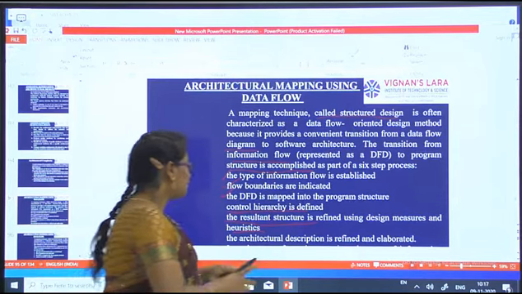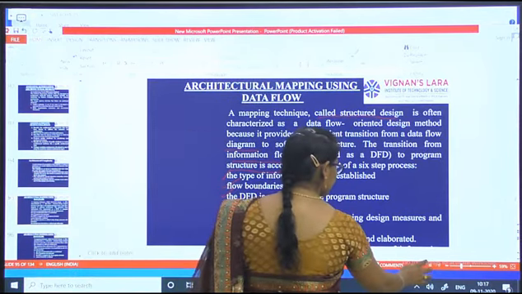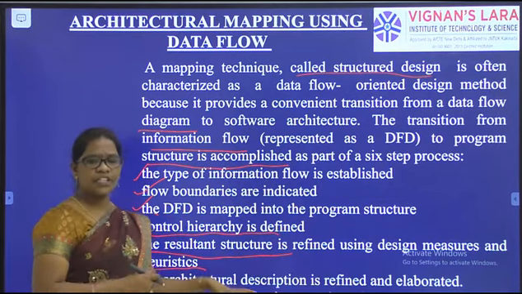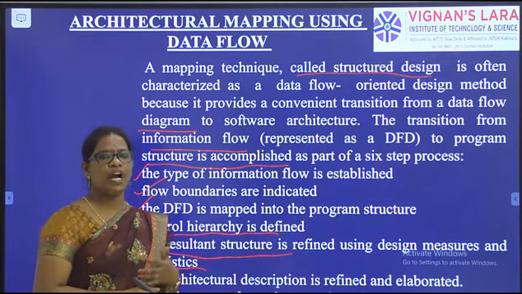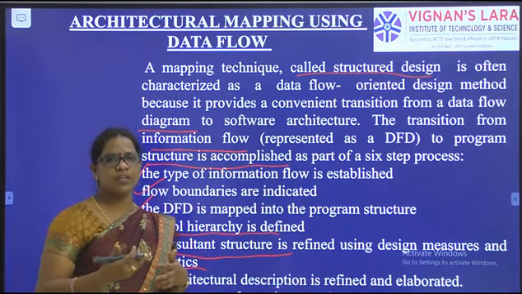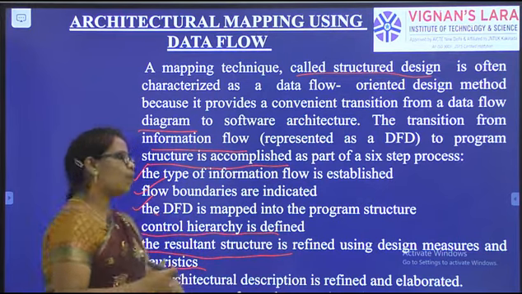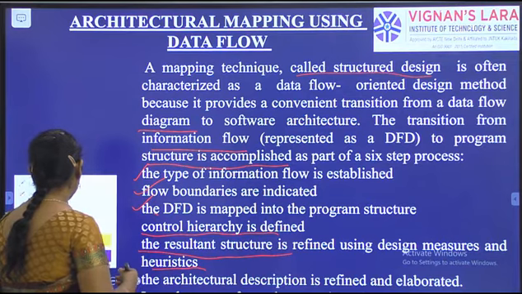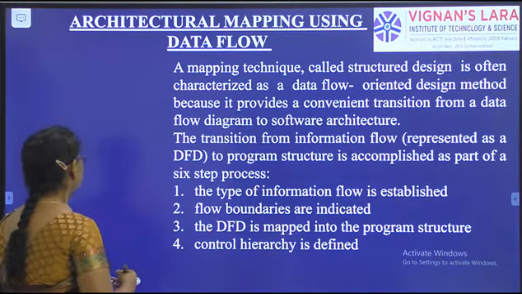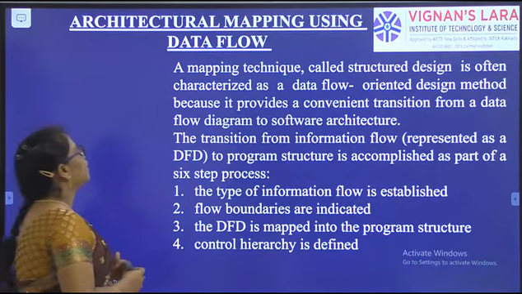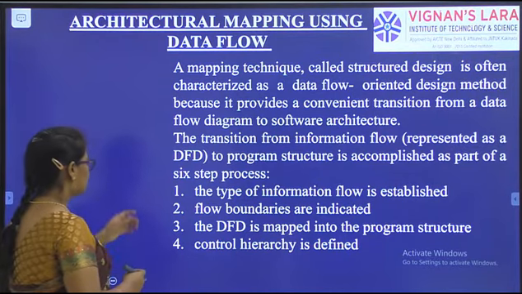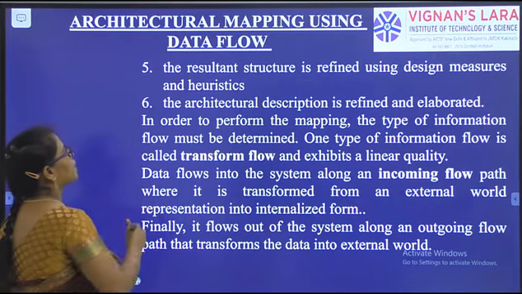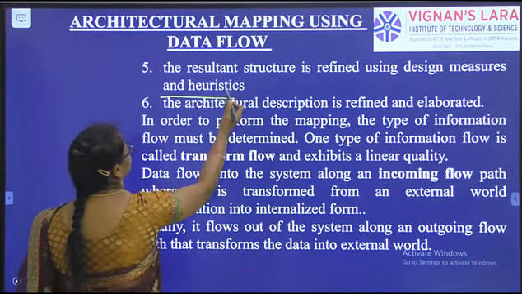Whatever architecture description we have given, we have to elaborate. Elaborate means we have to write a clear description in notes. We have to maintain project documentation. And the resultant structure is refined using the design measures and heuristics we have seen.